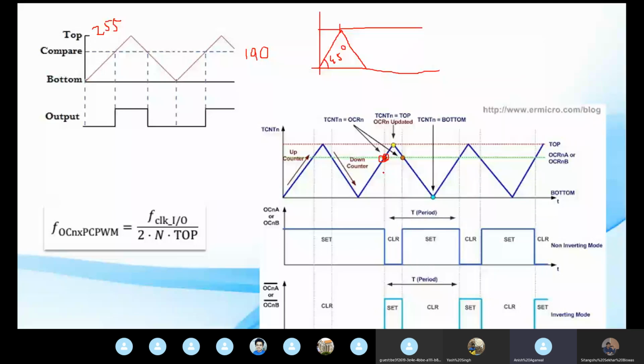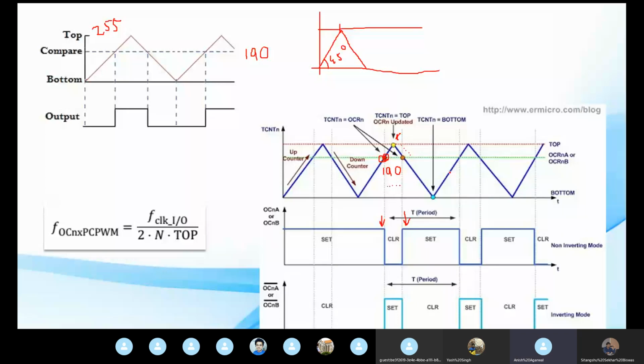As soon as the microcontroller reaches this value, it sets the value of the pulse to 0. Now it is again counting from 190 to 255. As soon as it reaches 255, it starts back counting from 254, 253, 252. Then as soon as it reaches 190 while back counting, it will again set the bit high.